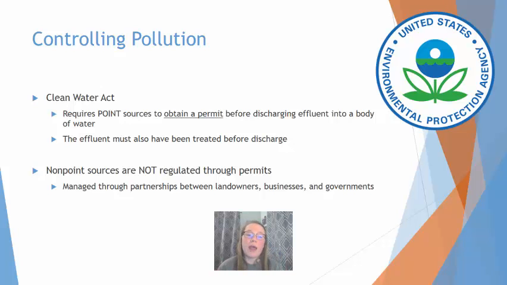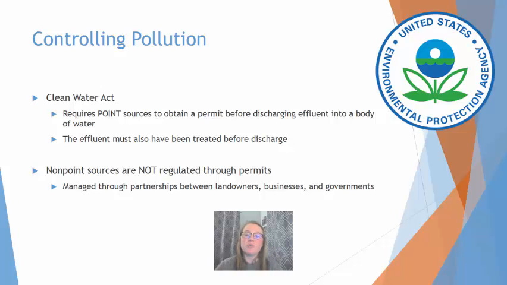Now, there are ways that we can control this pollution. The Clean Water Act really focuses in on point source pollution. And if an entity is discharging a point source of pollution, they have to obtain permits and they have to meet acceptable thresholds before they can begin discharging.